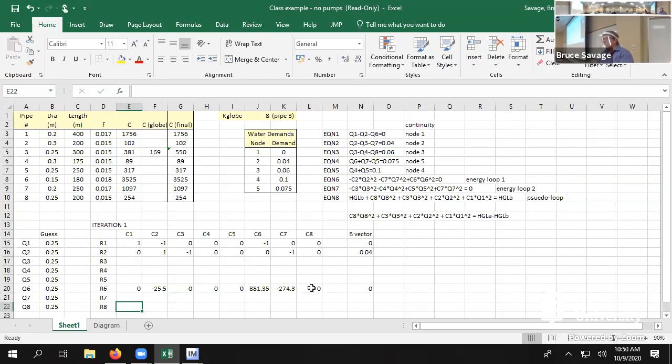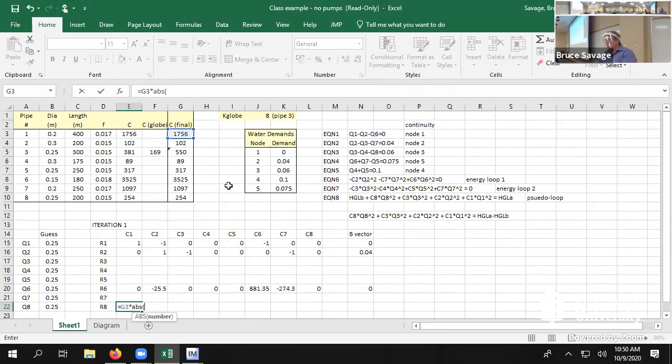Okay, now I'm going to come down to the pseudo loop, because once again, this next energy equation is the same procedure. I'm out of time here, so really fast, the pseudo loop then. Going across there, I have C sub 1, so I'm going to do my C sub 1 as positive, times then the absolute value of Q sub 1.